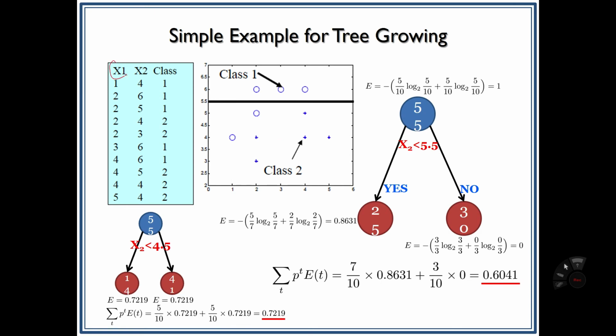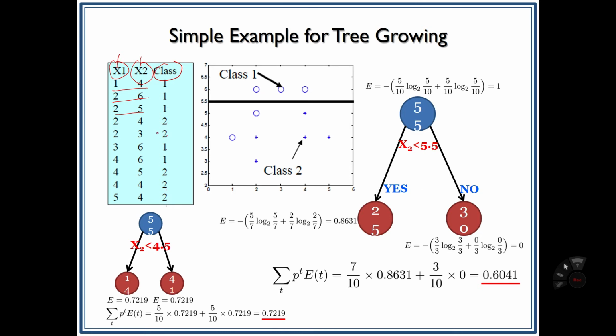We have two independent variables and one class variable, and both independent variables are continuous. We have the coordinates and the class label, in a two-class case, and there are 10 observations.